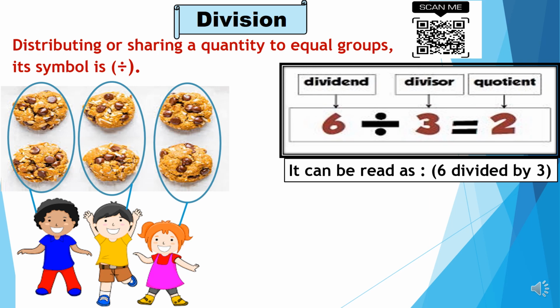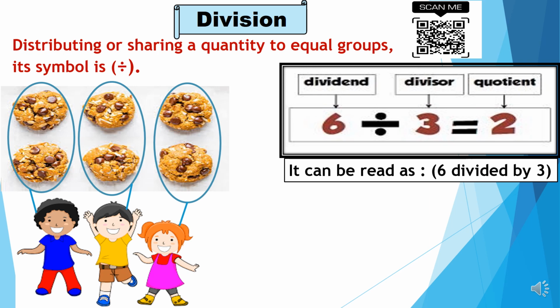And as we said in multiplication, when we multiply two numbers together, if we multiply 2 times 3 equals 6, we say 2 and 3 are called factors, and the result is the product. Do you remember this?